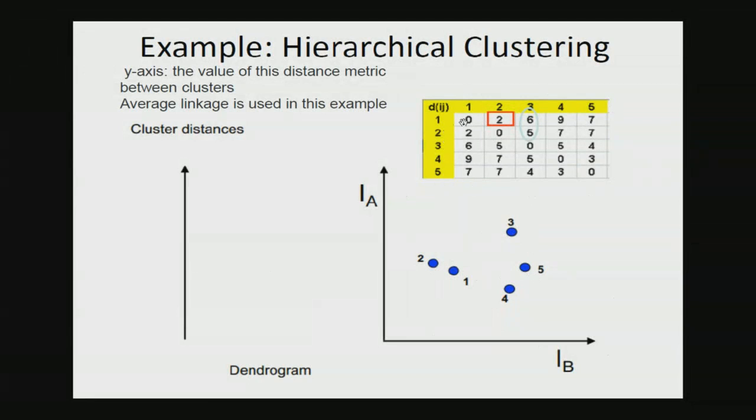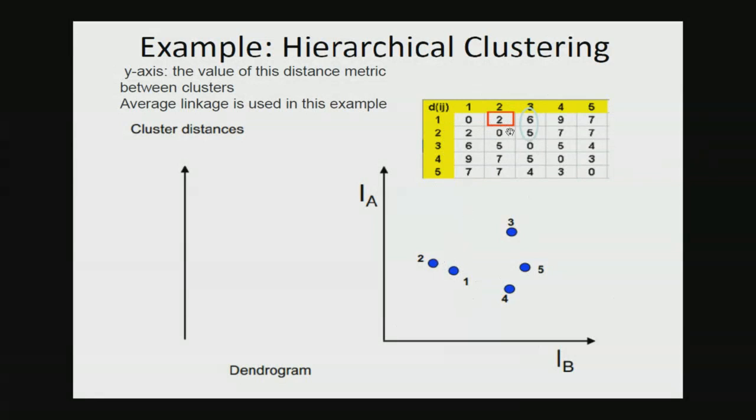The diagonal values are the distance of a data point to itself, which of course is 0. For the off-diagonal ones, say this is 1 and 2, that's the distance between data point 1 and data point 2.